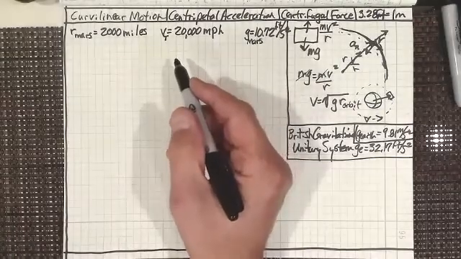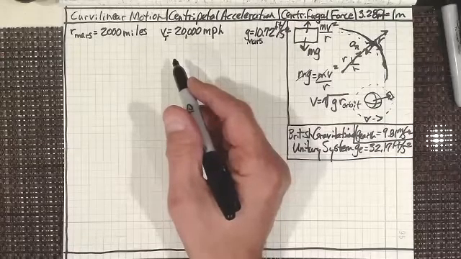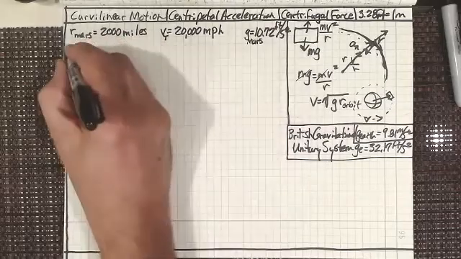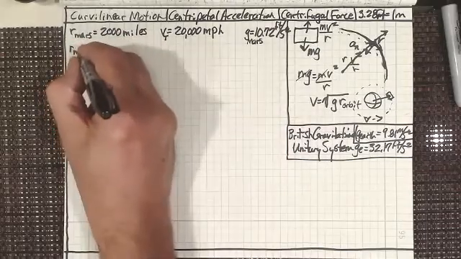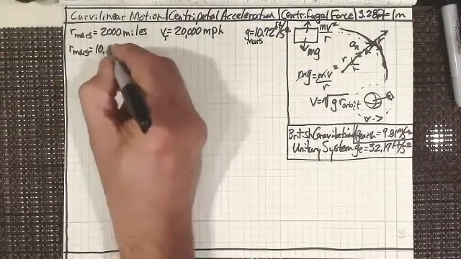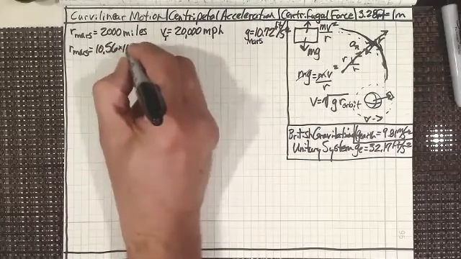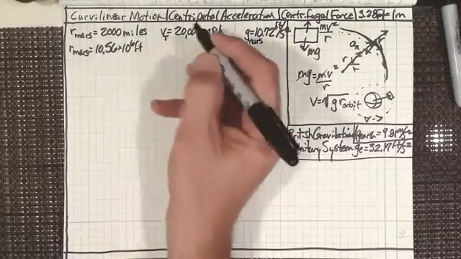I think what I'll do is work in feet, because we're working in feet per second squared and everything. So R of Mars equals 10.56 times 10 to the 6 feet.